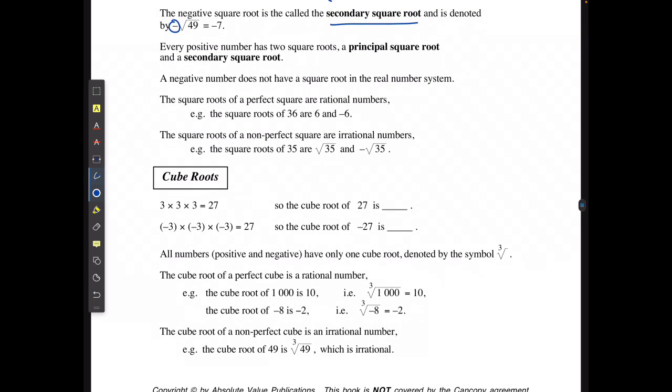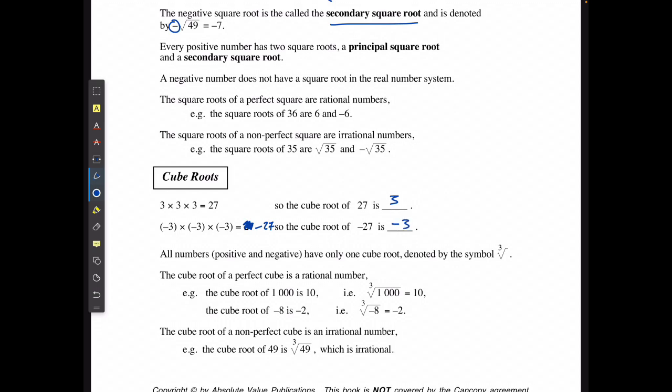Now, if I'm looking at cube roots, well, 3 times 3 times 3 is 27, so the cube root of 27 is 3. Negative 3 times negative 3 times negative 3 is going to be, and there's a typo here, it's actually negative 27, which means the cube root of negative 27 is negative 3.